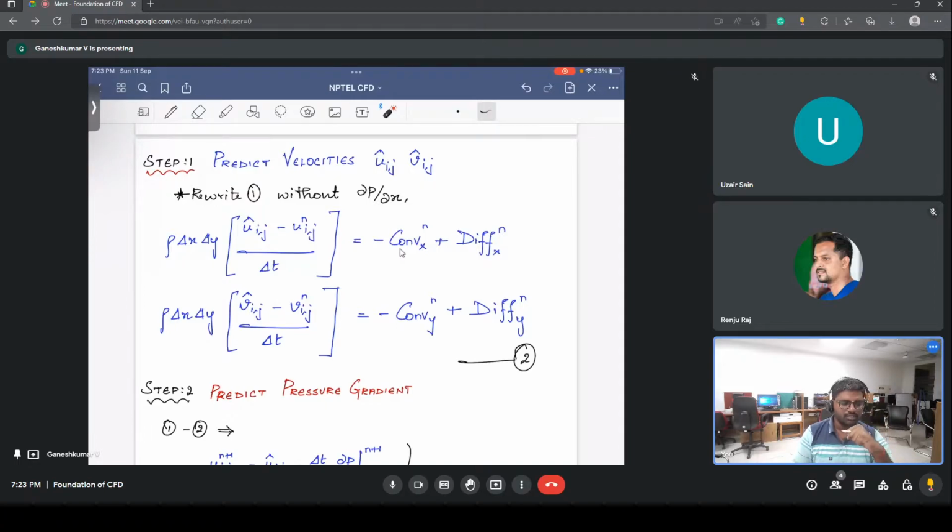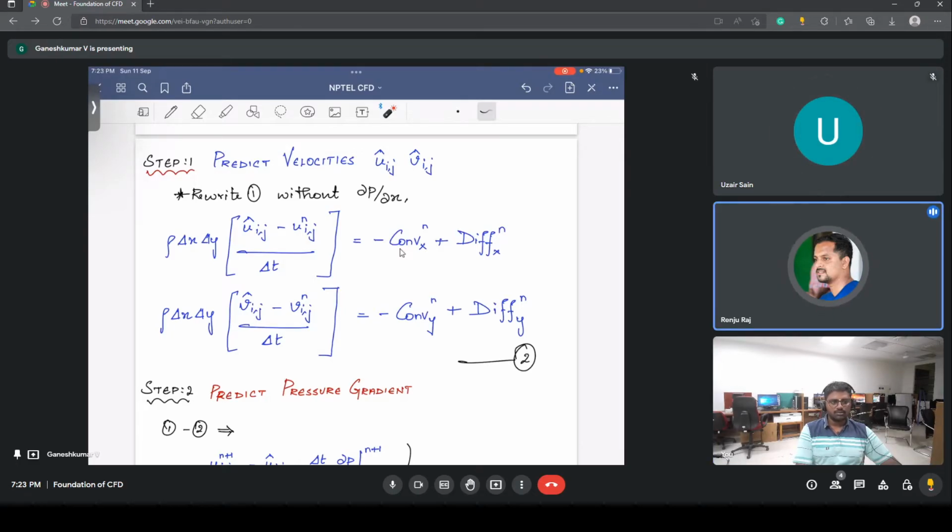But physically, if a flow is happening and there is a velocity field, what drives that flow? There should be some driving force for a flow to sustain. Let's say a flow through a pipe. From one end to the next end, what drives the flow?